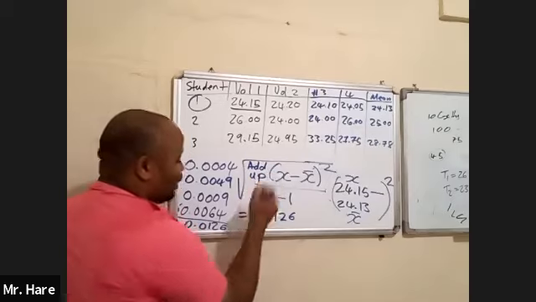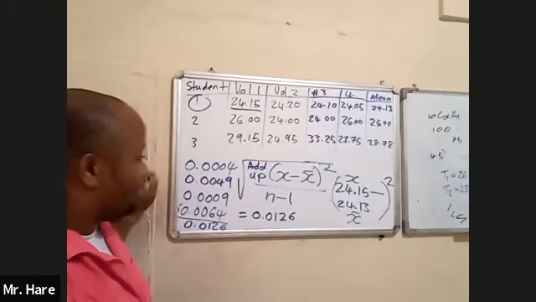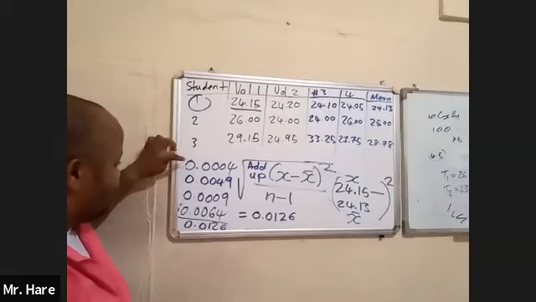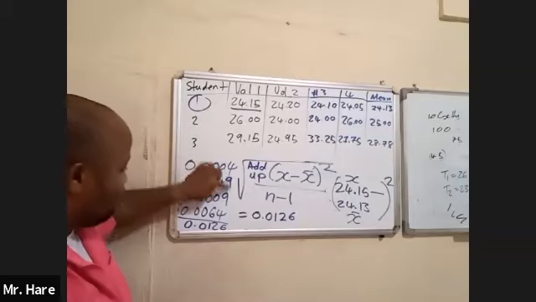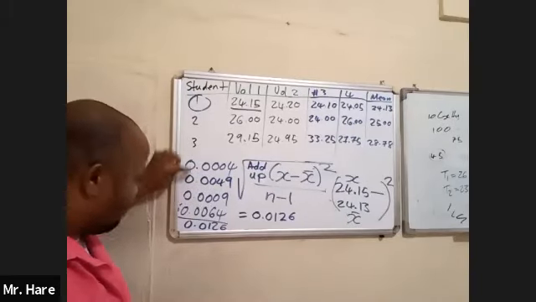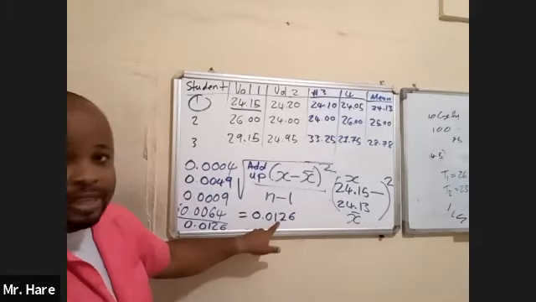So that is what it means. We are going to add up x minus x bar squared. So this is one answer, this is two, this is three, this is four. We're going to add up the four of them. When you add up the four of them, we get this answer.